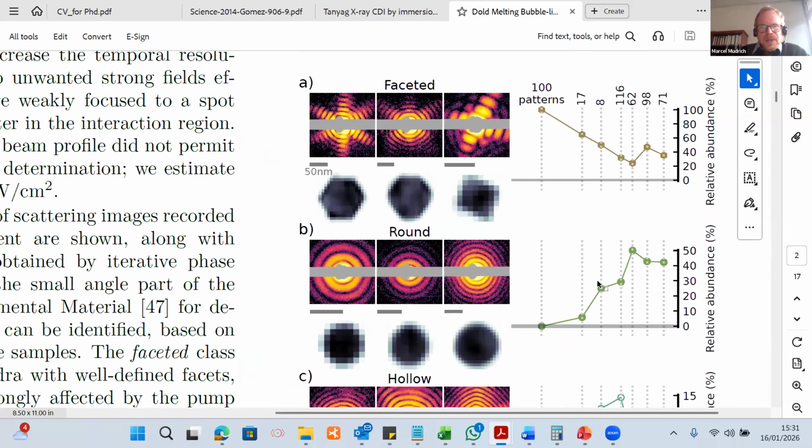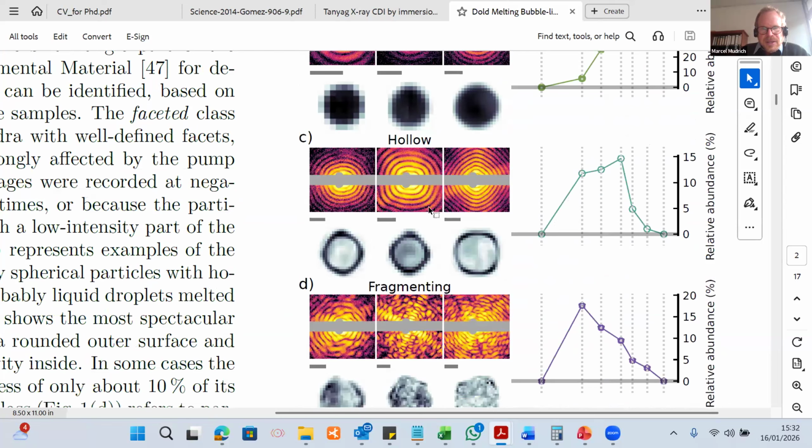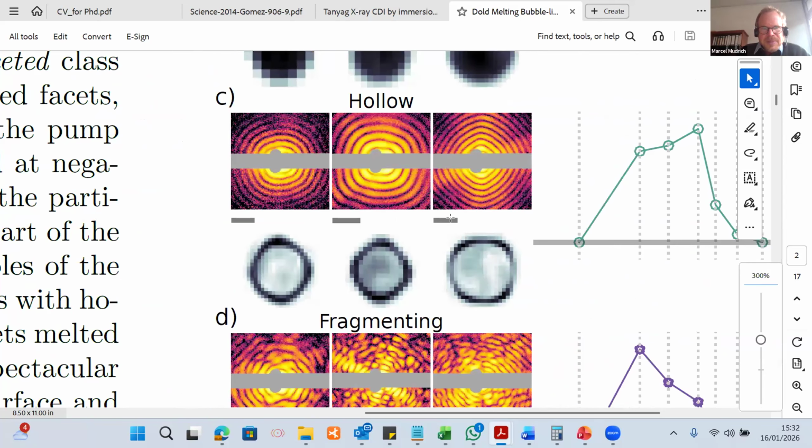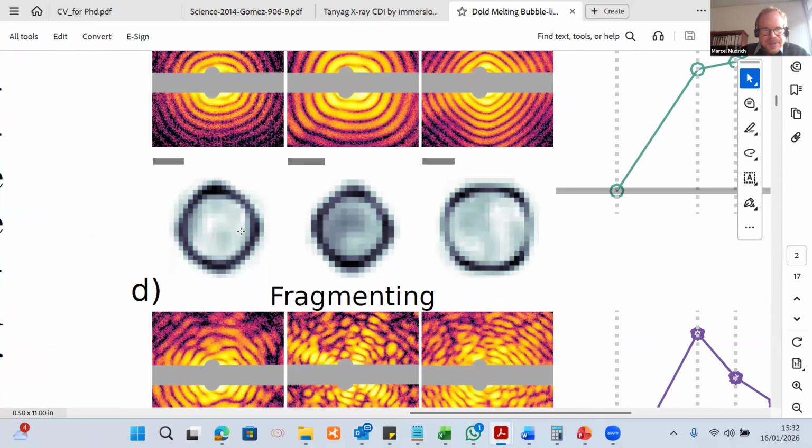And then they saw that, of course, you get these nanocrystalline structures with these nice regular diffraction patterns. There are also completely round patterns, but then you can also get images from hollow spheres, essentially.